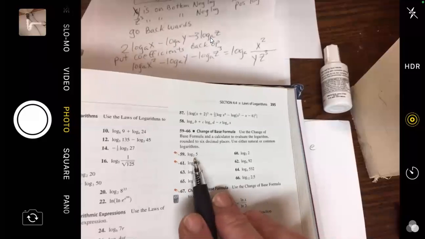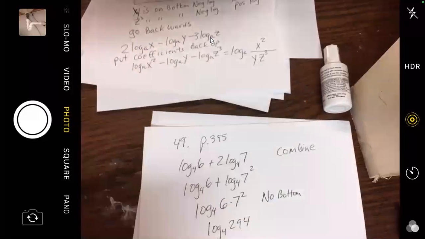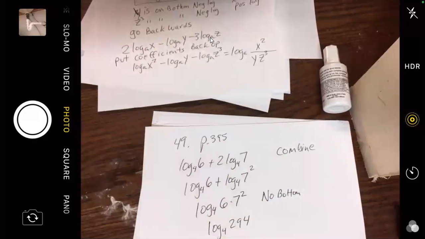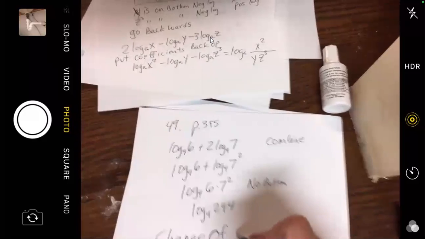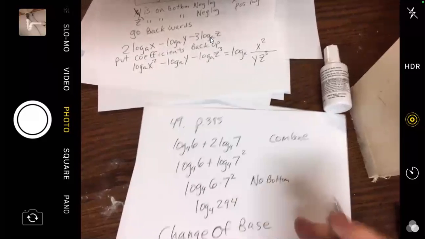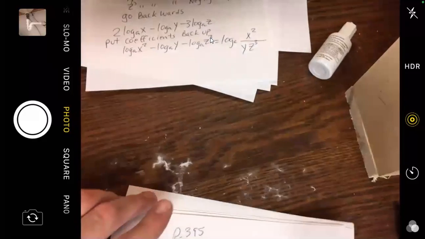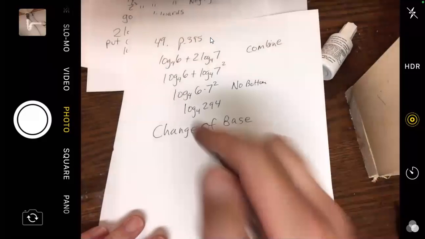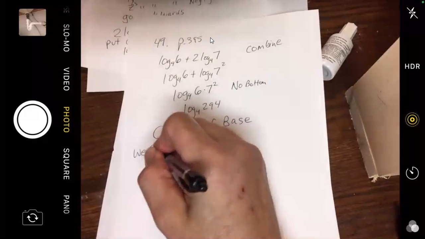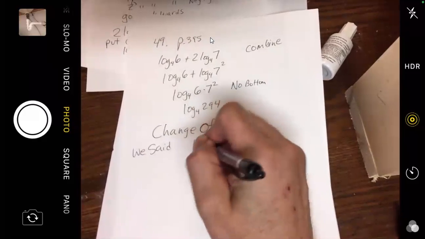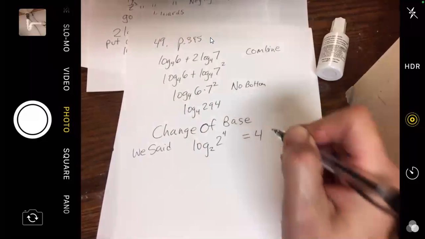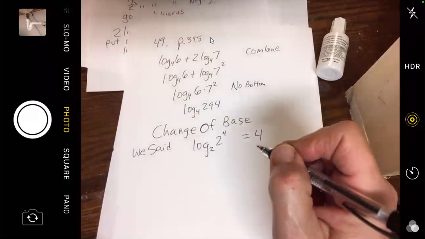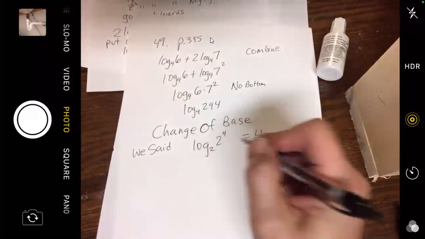Finally, how do we punch this log base 2 of 5? Let me show you something you can check an answer against to give you some confidence in this. We said earlier that log base 2 of 2 to the 4th, everybody believed was 4. These canceled.